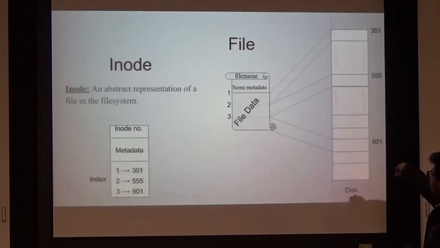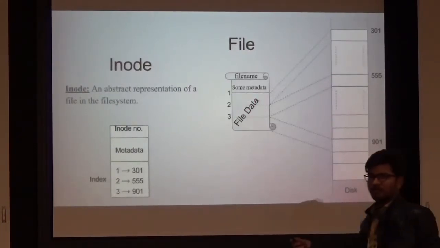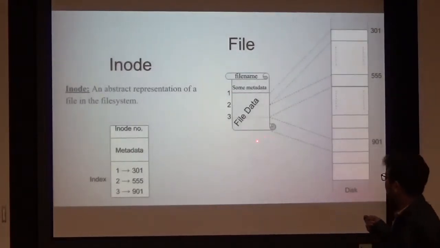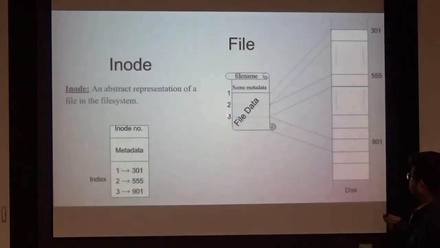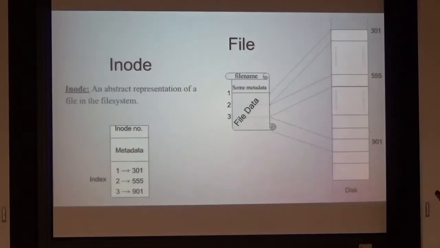Let's consider a file of size, say, 12 KB, and suppose the file system block size is 4 KB. Then that file would require 3 blocks, right? All those 3 blocks can go anywhere on the disk, so they need not be all together.